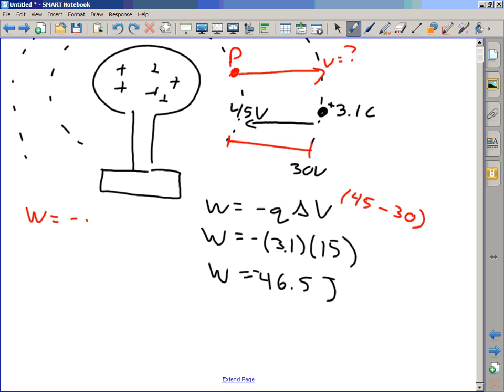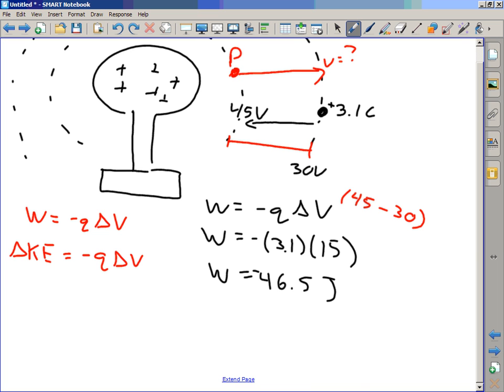Well, work equals negative Q delta V. Work and energy are the same thing, right? So work is the same thing as change in kinetic energy. We okay with that idea? You do work, it changes kinetic energy.